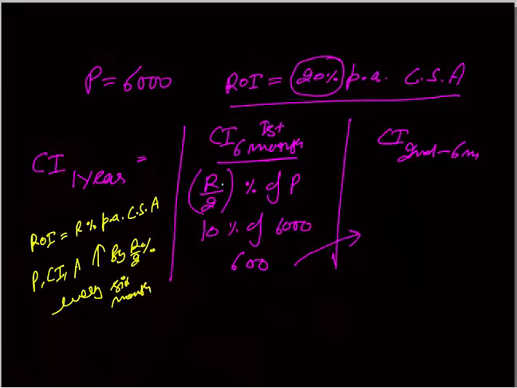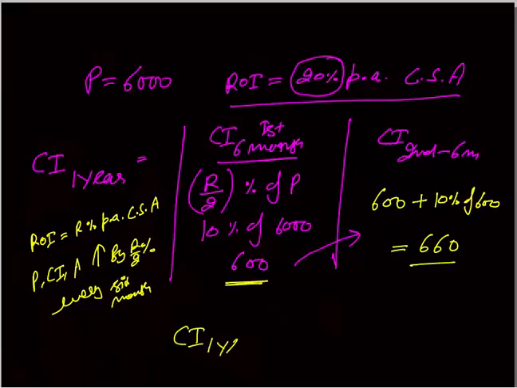This is what I explained in the slide. So R is 20, R by 2 will be 10. So compound interest will increase by 10% every 6 months. So the second 6 months will be 600 plus 10% of 600, that is 660 rupees. So total compound interest for 1 year would be 1,260 rupees. In that way you can calculate.